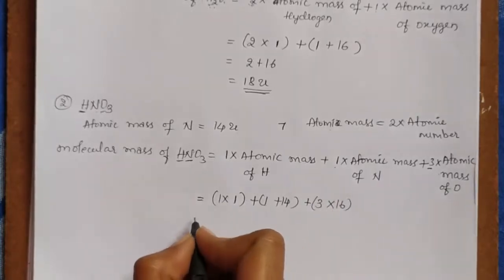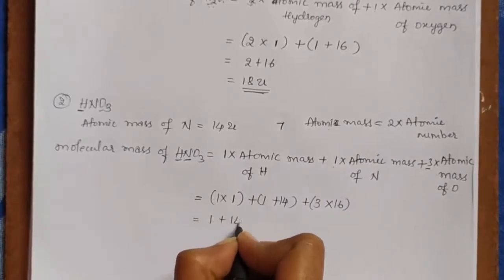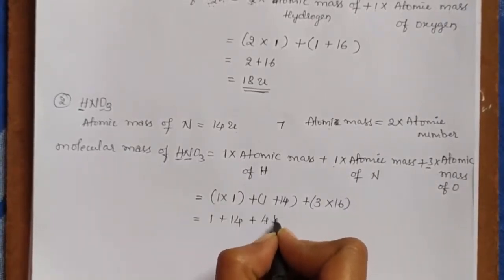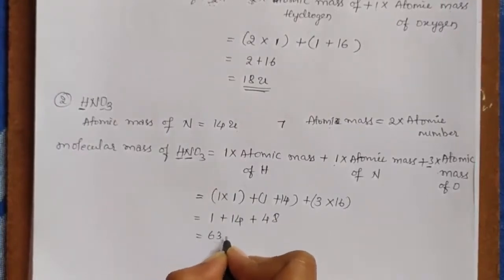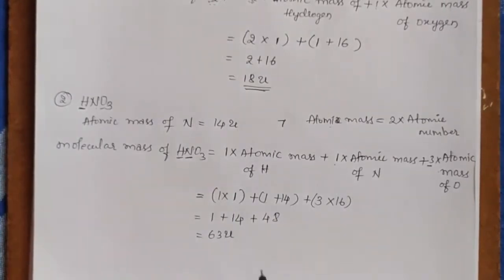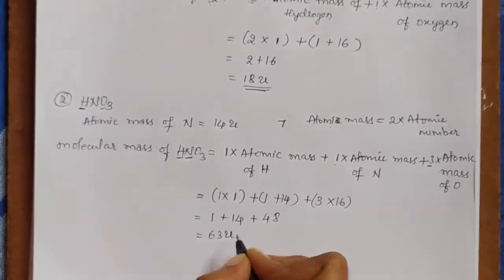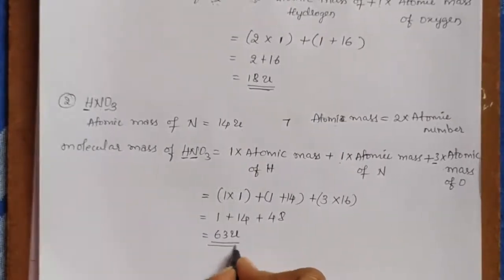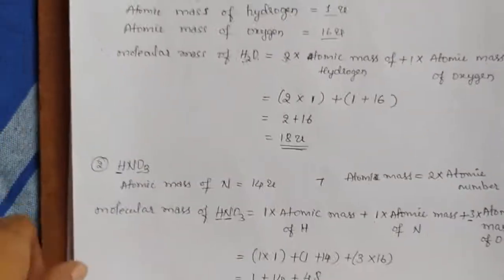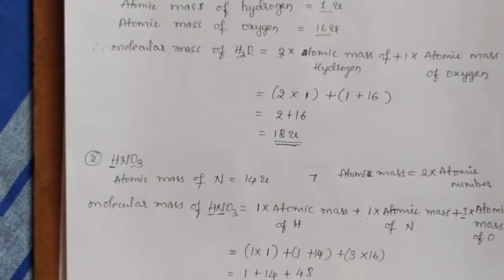So we'll get 1 plus 14 plus 48, which is equals to 63 atomic mass unit. This is the molecular mass of nitric acid. Like this we have to calculate the molecular mass of a particular compound. To calculate it, we should know the atomic masses of the elements of the compound.